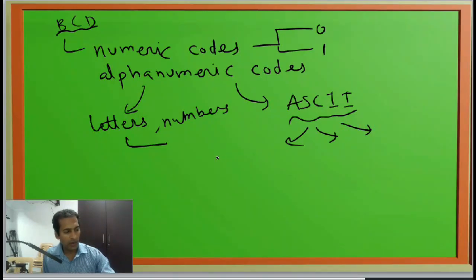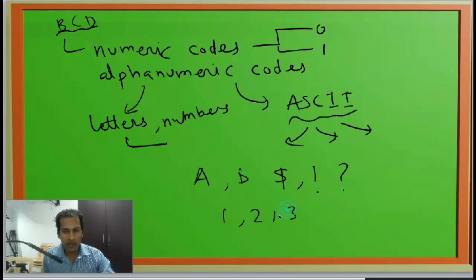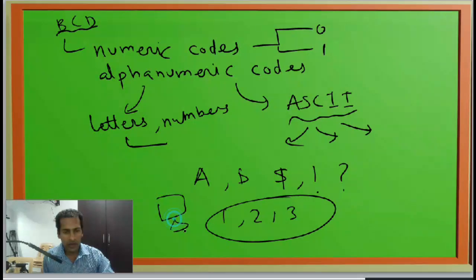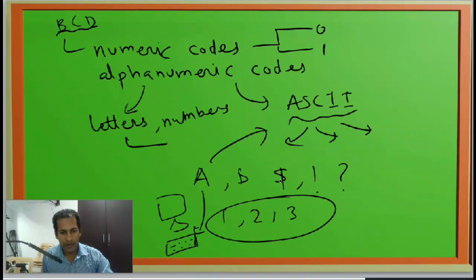When you hit A or B or dollar or exclamation mark or question mark or 1, 2, 3 on the keyboard of a computer, each of these buttons has a fixed ASCII code in the background. So these are alphanumeric codes.